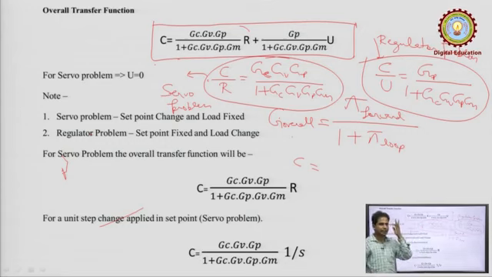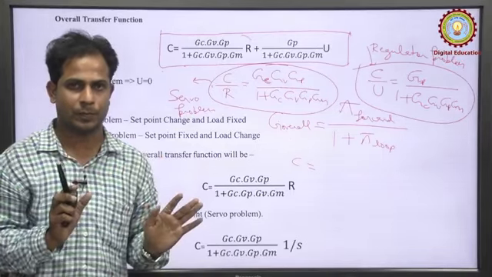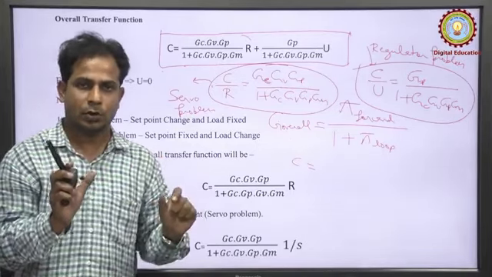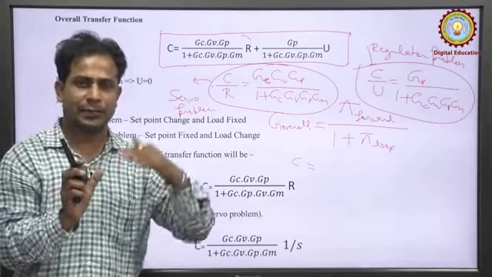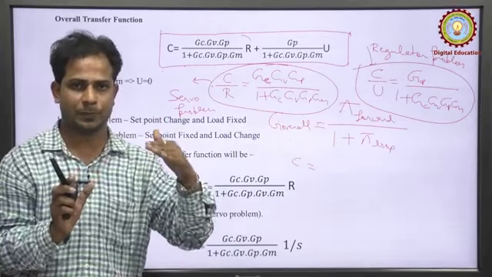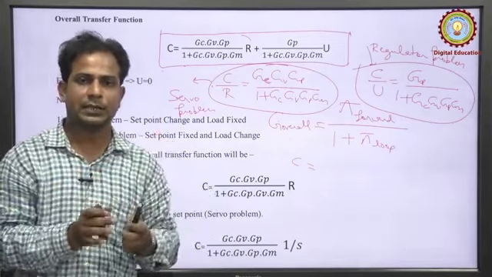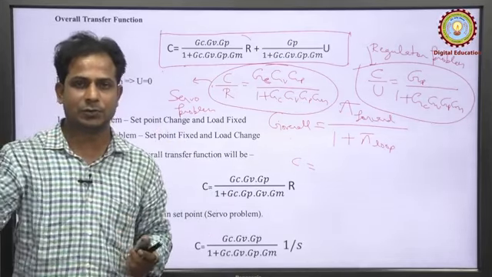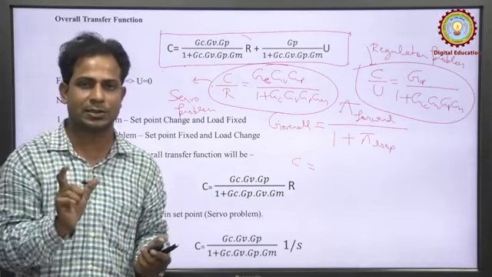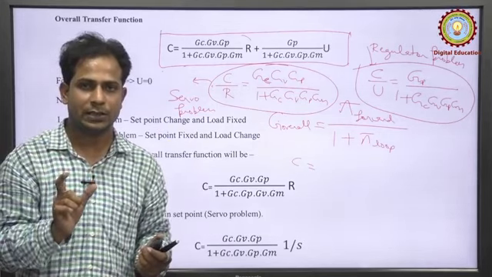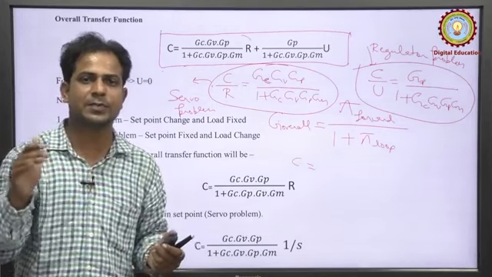Now, I already told you that you have a process, you have some input and you have some output. If you change the input, there is a simultaneous change in the output. In process dynamics and control, you see how your system is behaving.